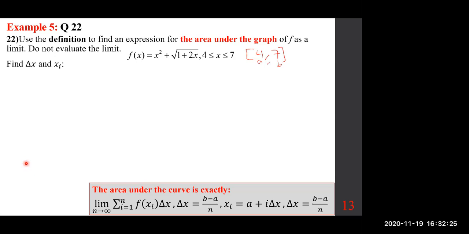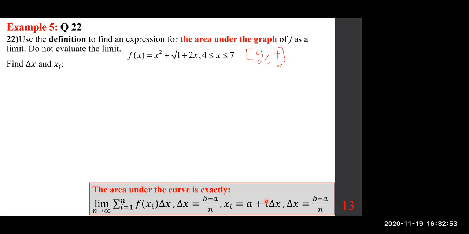And then x sub i is a plus i delta x, class, okay? X sub i is a plus i times delta x. That is the ith one, if you remember, and you go back to those definitions, starting with a plus i delta x.